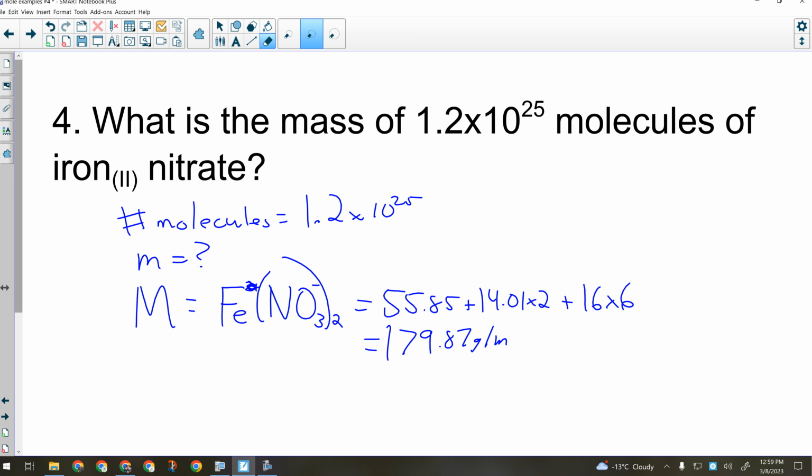grams per mole. If I want to get little m, I need n, and I can't use this formula to get it because I don't have little m. So what I have to do is use Avogadro's number and the number of molecules, which is known to me because they told it to me.